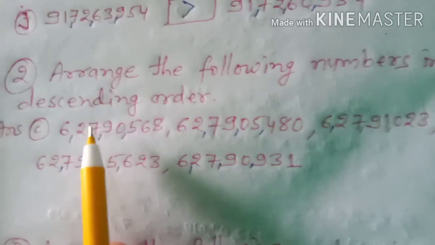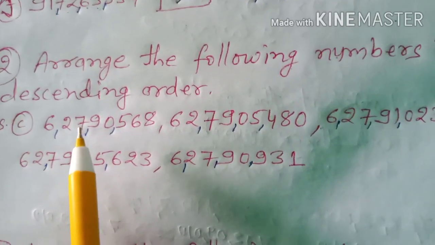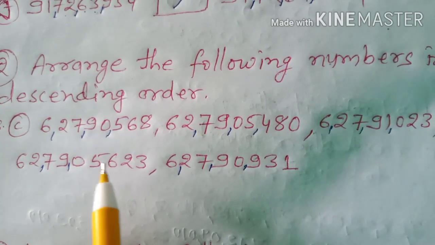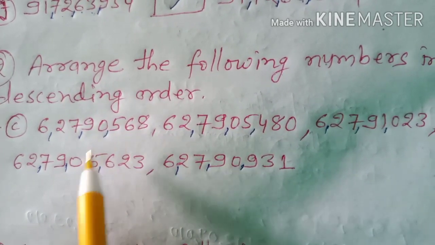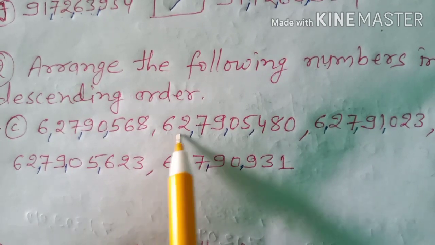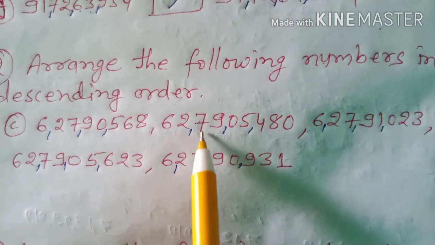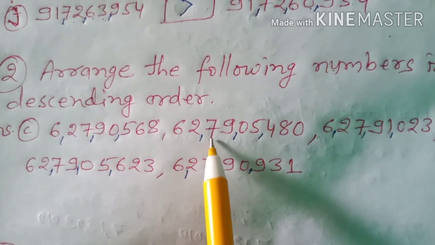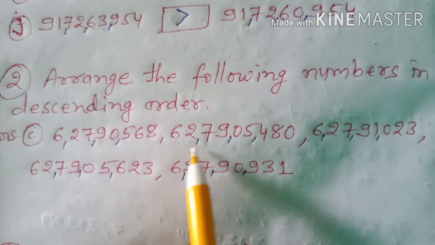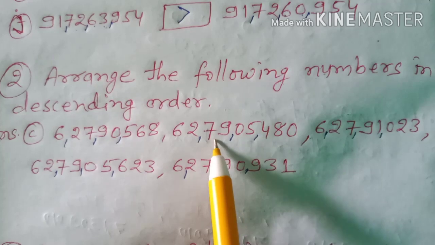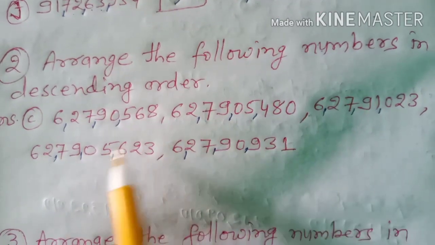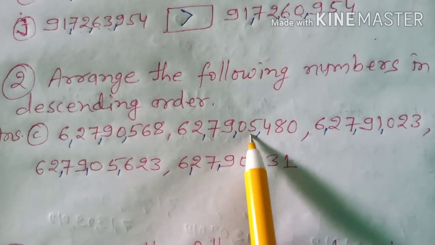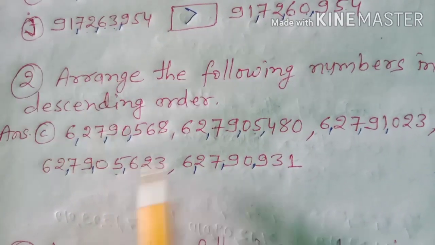So in descending order we have to set the greater number first. Which number is greater among these numbers? See, here is 62 crore and here is also 62 crore. In these two numbers we have to compare. Here is 79 lakh, here is also 79 lakh, here is 5,000, here is also 5,000.